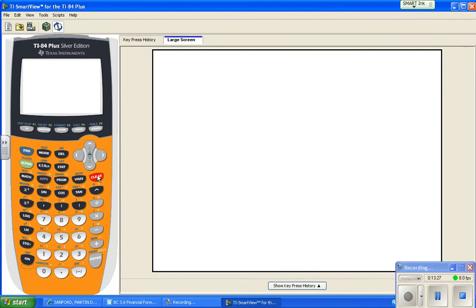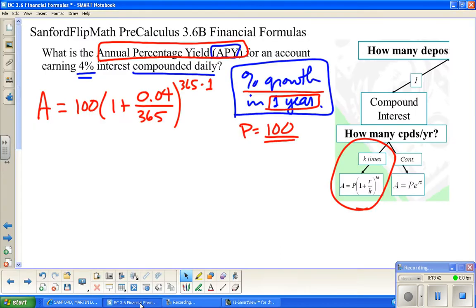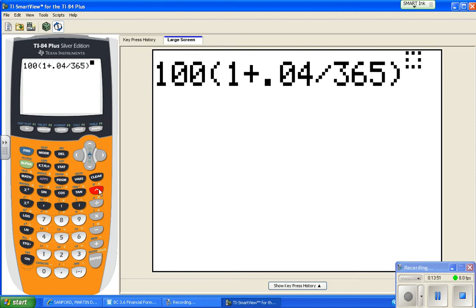All right, so $100, 1 plus 0.04, the interest rate was 0.04, divided by 12. I'm sorry, that's not correct. Daily. Let me just peek over there. Daily, yes. Whew, caught myself. So 365 raised to the, now normally I would use parentheses.